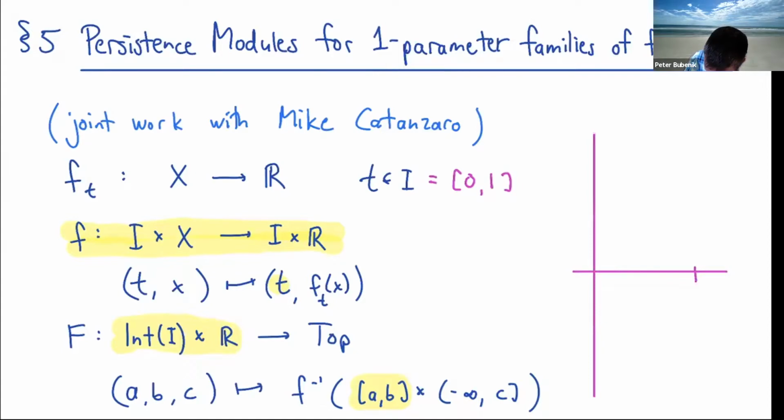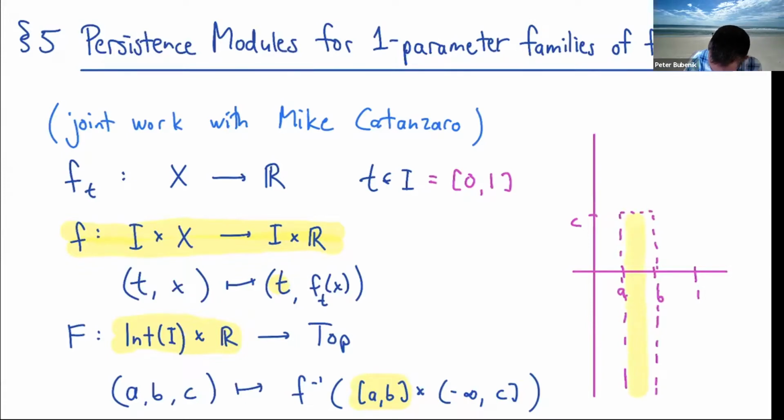So if we have here between 0 and 1, so if we have AB, and then we have a height C, our semi-infinite strip will look like this.